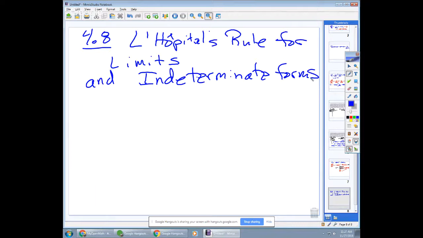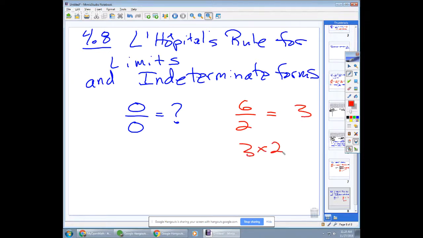So for example, consider 0 divided by 0. What does that equal? Well, that is a lot like 6 divided by 2. What does 6 divided by 2 equal? 3, because 3 times 2 equals 6, if you go around in that direction as multiplication.